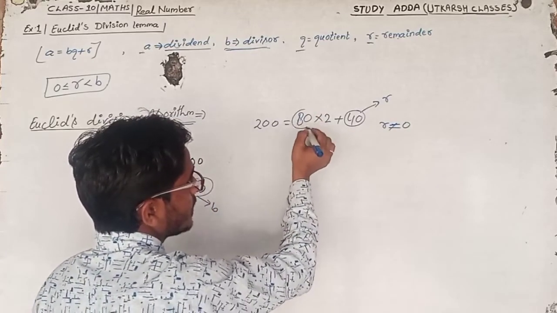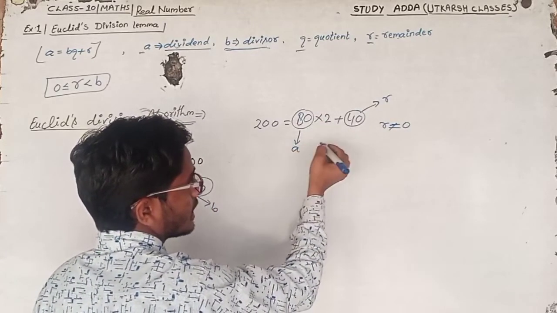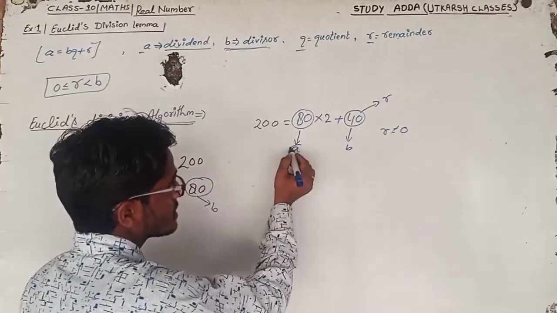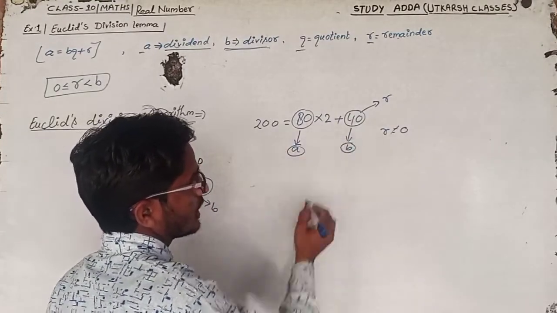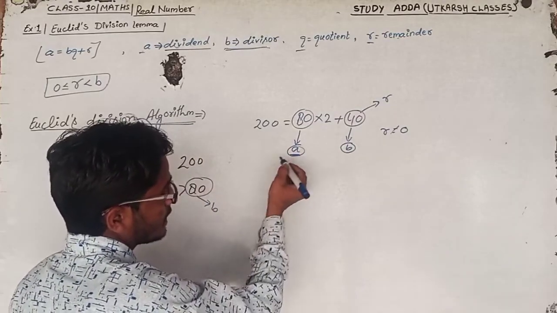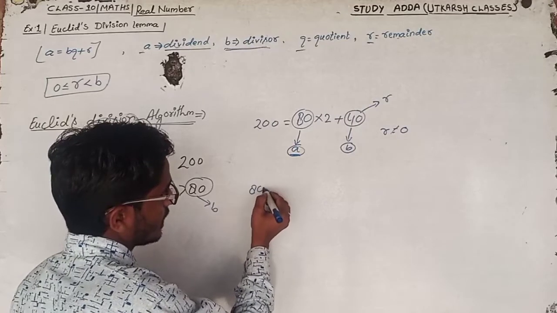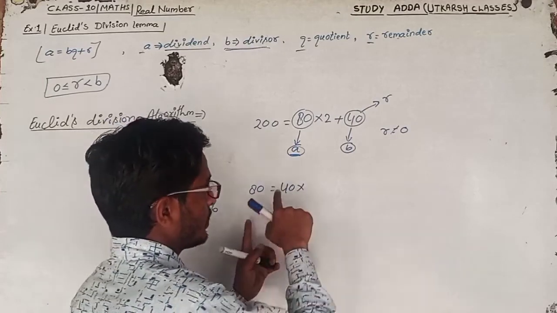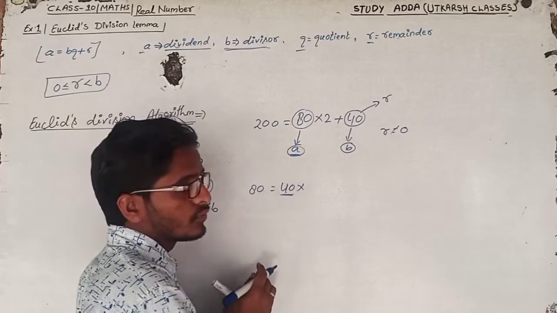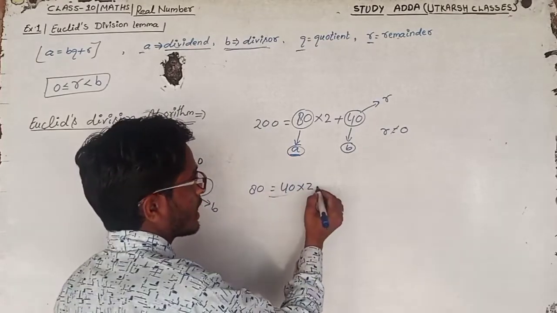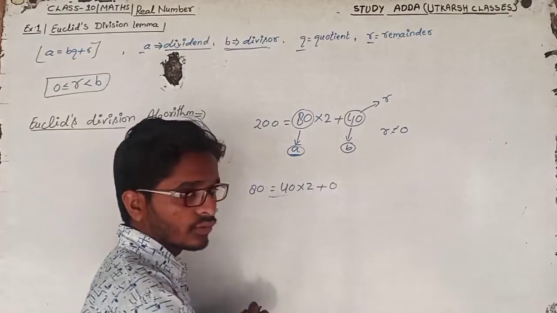We consider 80 as a and the remainder 40 as b. As dividend, 80 is equal to 40 multiplied by 2, which gives 80, and leaves remainder 0.